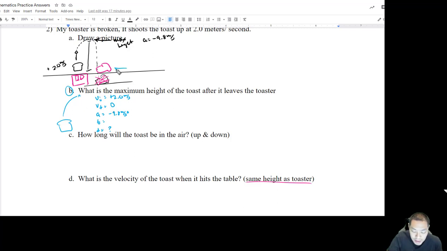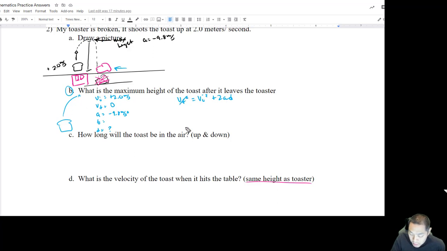If we make this the end of our problem, then we don't know the velocity there. Well, technically we do, but we don't know. So when this is the case, we're going to use the equation without D. So I believe it's this one, VF squared equals VI squared plus 2AD. We're going to solve for D.